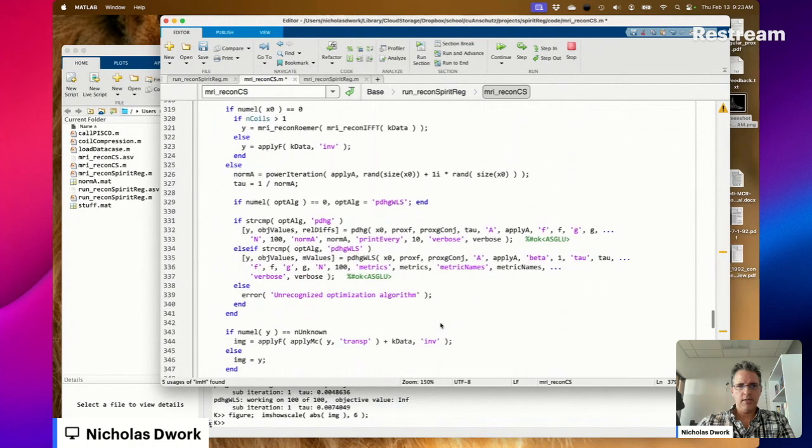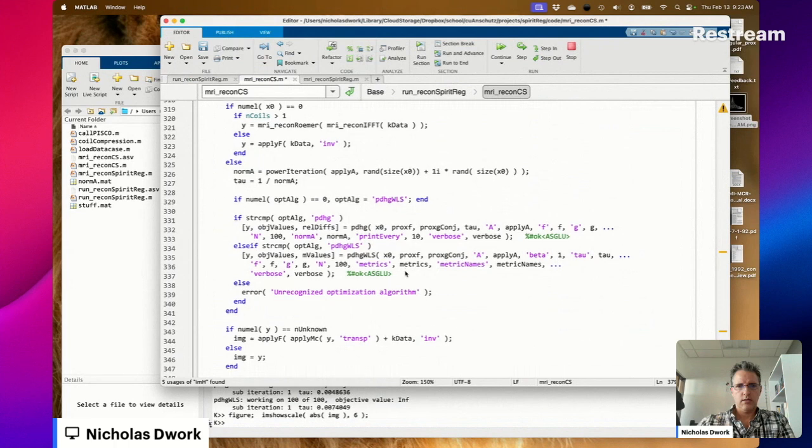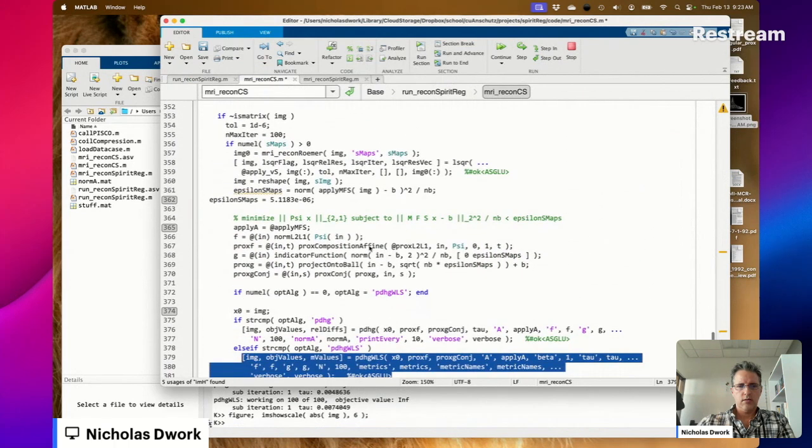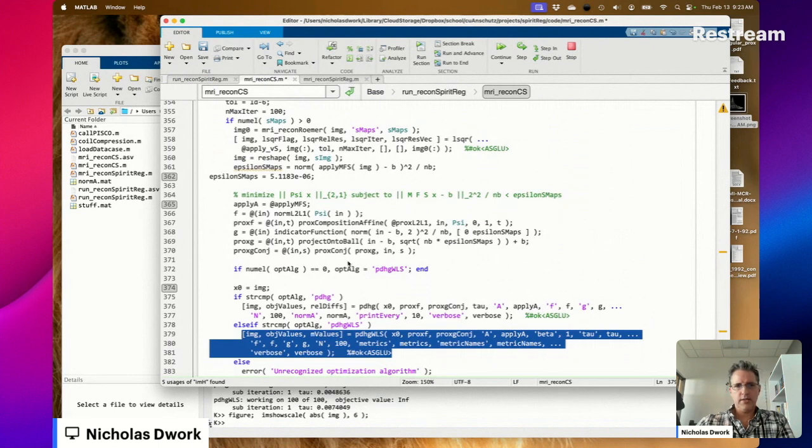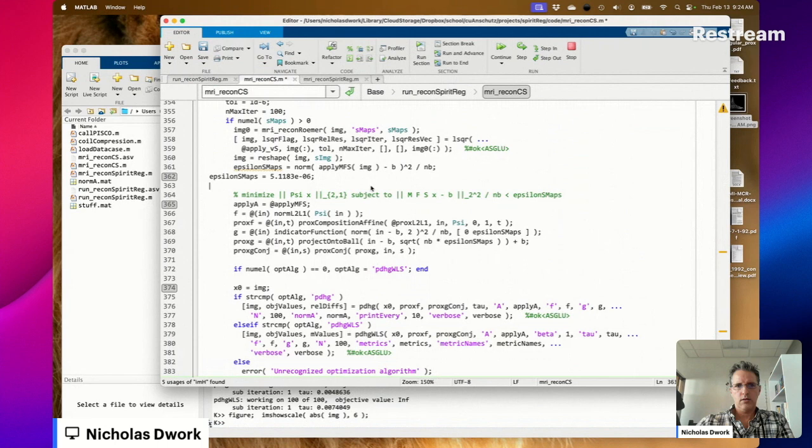When we're down here, the sparsifying transformation is what? Prox L2L1.